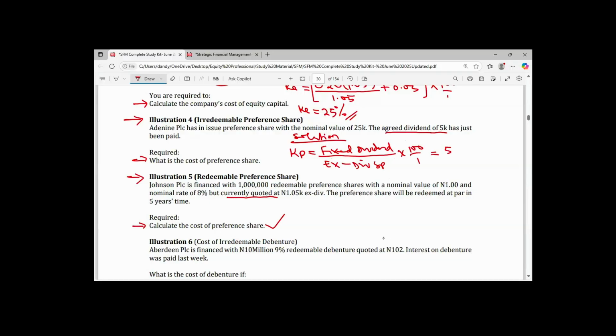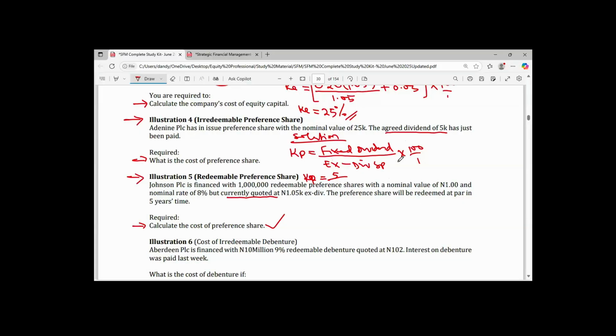Kp equals 5 divided by the ex-div share price. The examiner did not give us share price. We are given nominal value. Nominal value is the same thing as face value or book value. That is the amount you have in the balance sheet.